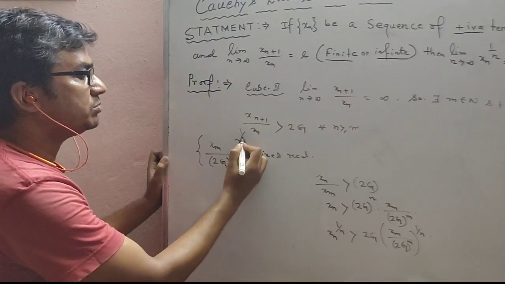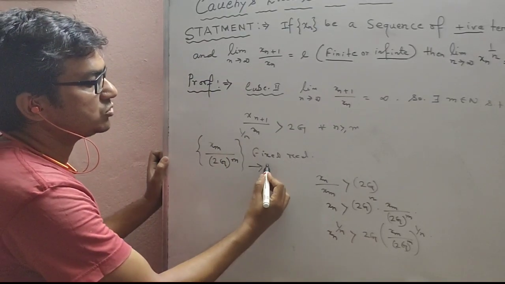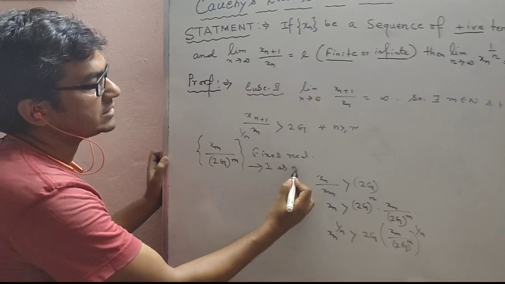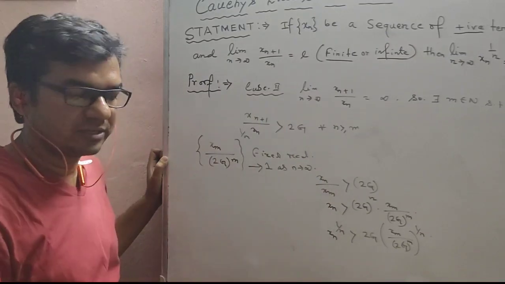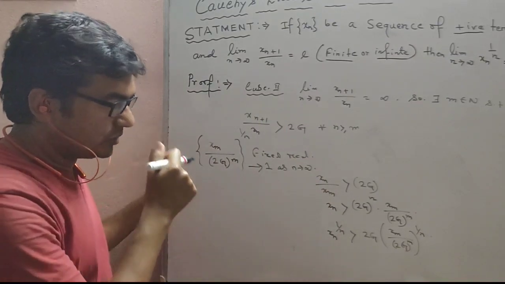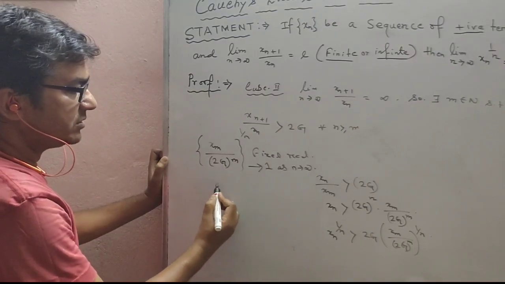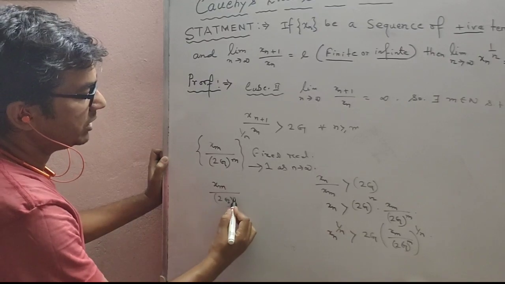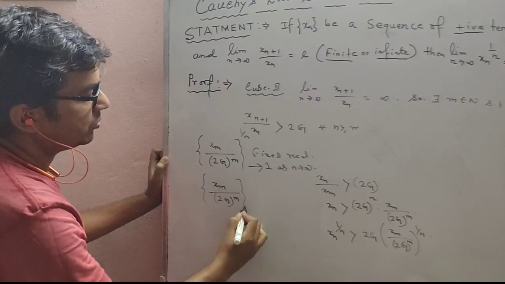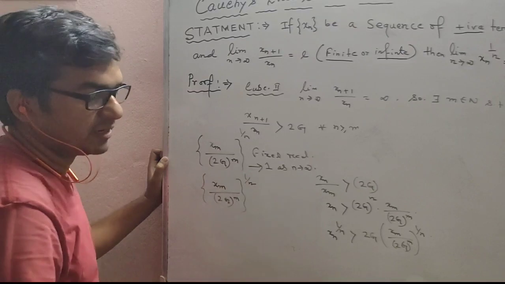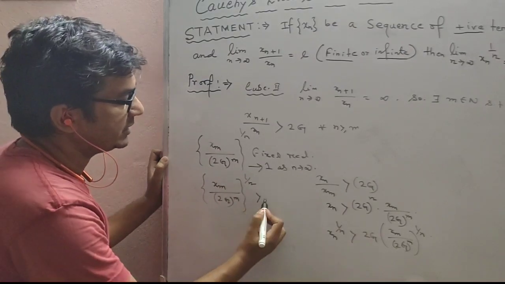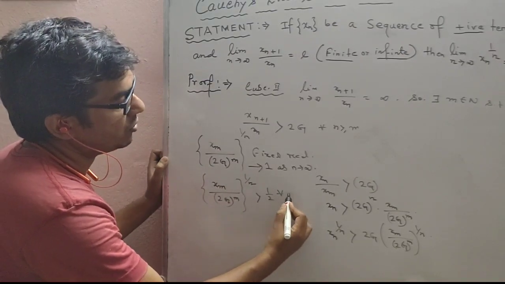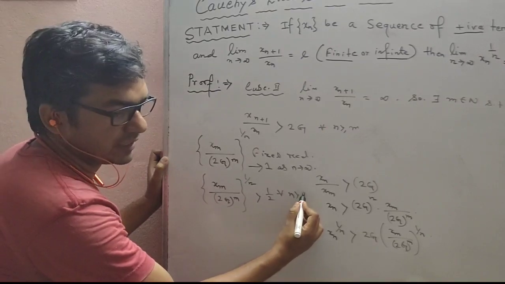So to the power 1 by n tends to 1 as n tends to infinity. So we can make (xm by (2g) to the power m) whole to the power 1 by n greater than half for all n greater than equal to k.